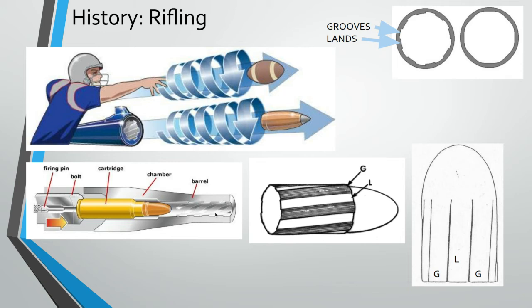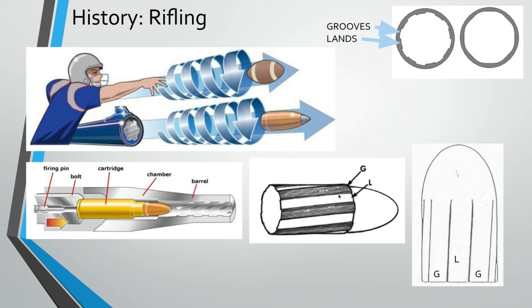So the rifling is in the barrel of the gun. As the bullet passes down the barrel, it's such a tight fit that the rifling is actually carved into the side of the bullet as it goes down. In the forensics world, the grooves are carved into the side of the bullet, and the lands are the parts in between.